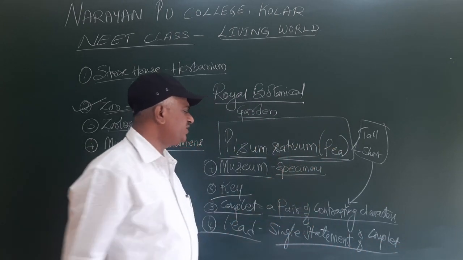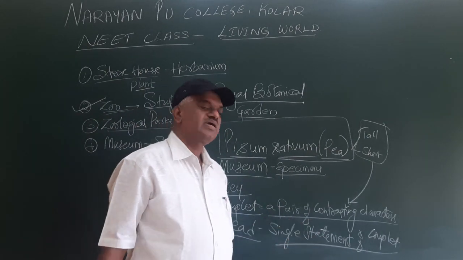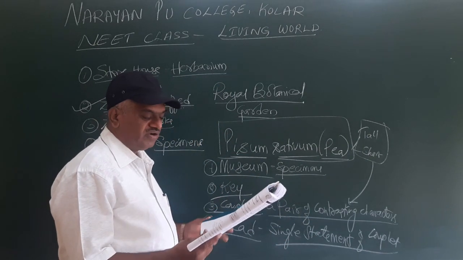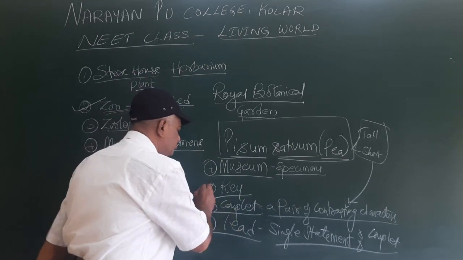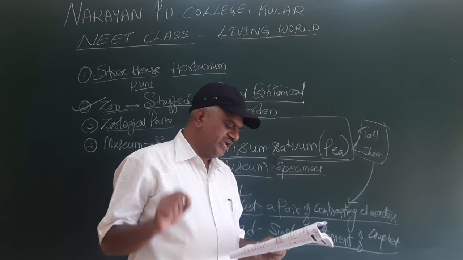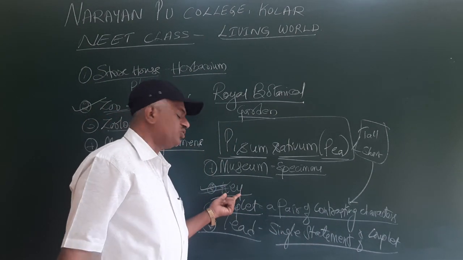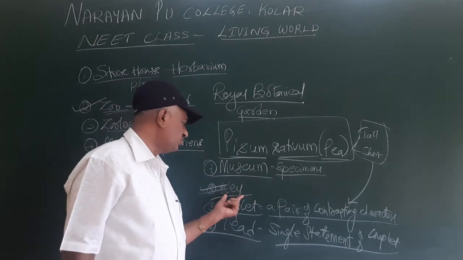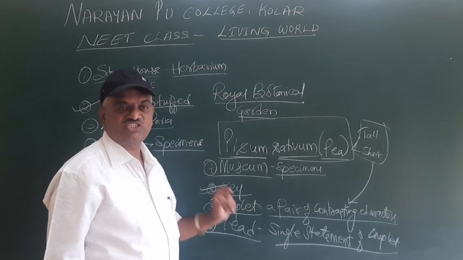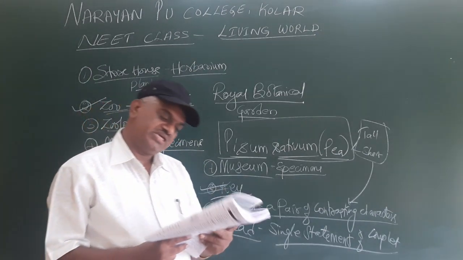So here there is a pair of contrasting statements, but a single statement is called a lead. But here the right option is key. So the taxonomical aid based on similarities and dissimilarities is the device called key cards, taxonomical cards for identification. Hence the answer is key.